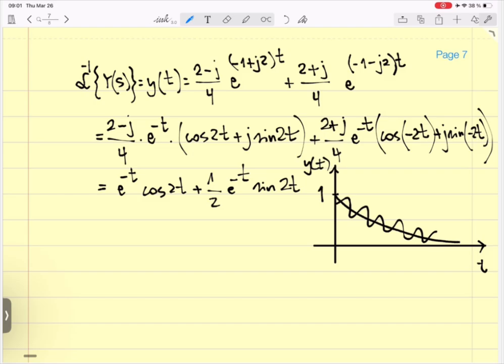So I'm going to write you a Laplace transform dictionary, okay?